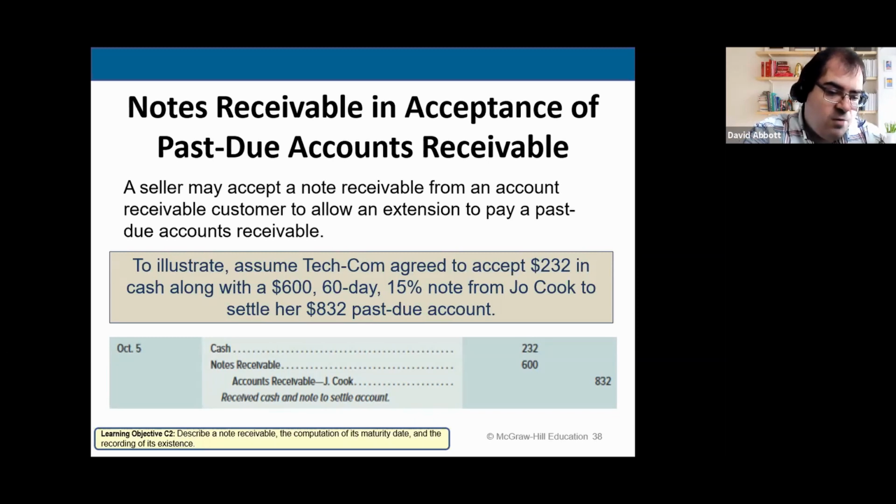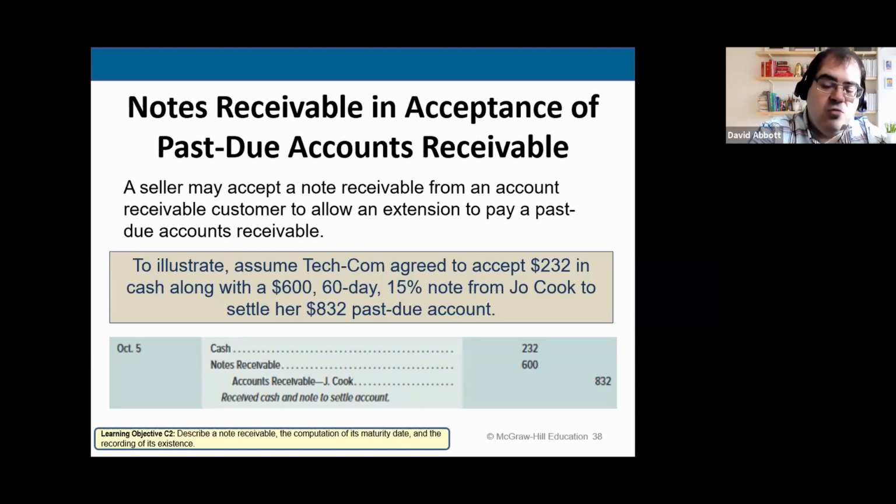So we see here that we assume that TechCom agreed to accept $232 in cash along with a $600, 60-day, 15% note from Joe Cook in order to settle her $832 past due account.